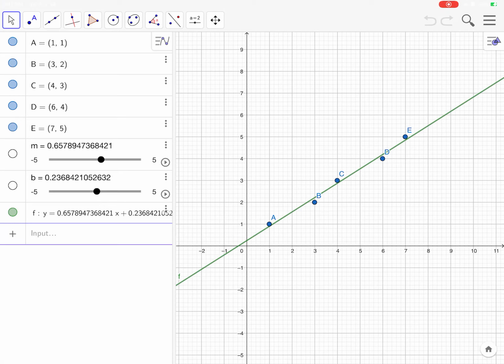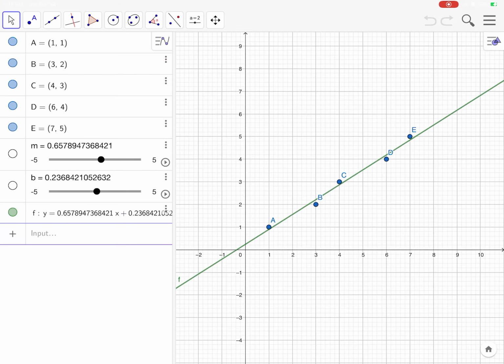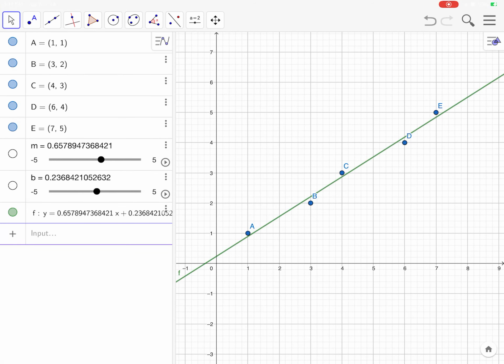Okay. So here we have those 5 points that were given to us in the chart in the beginning. And it was our task to create the least squares line of best fit. Here I have actually input those values in. So this is the best fit line. But it could have been any line. We could let M and B do their thing and change around if we wanted.